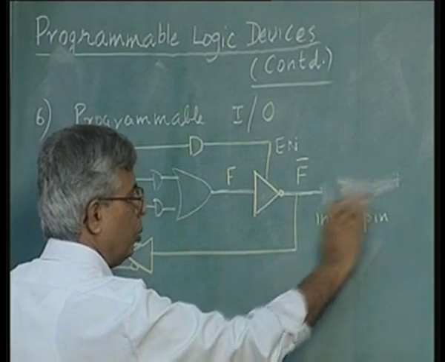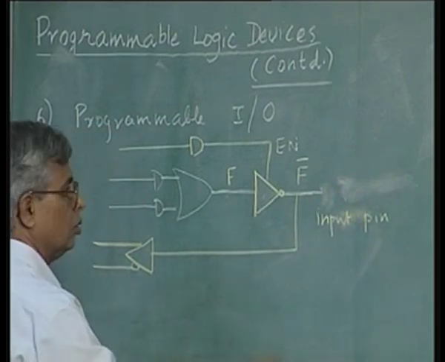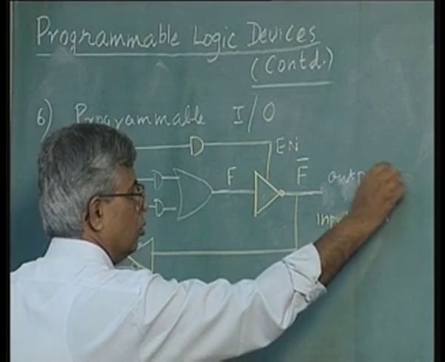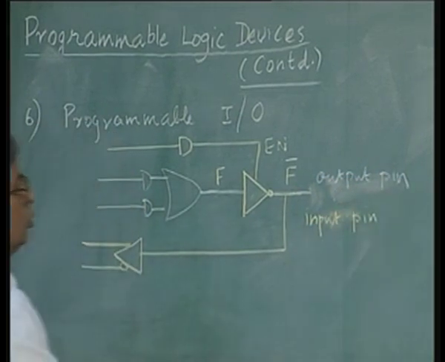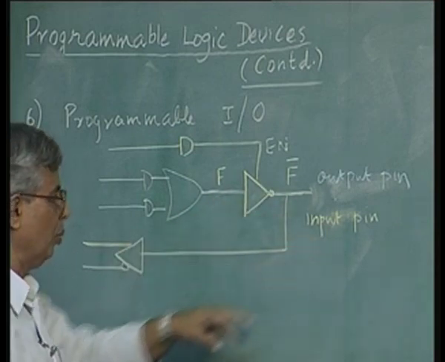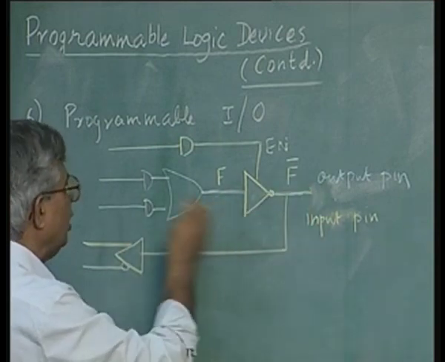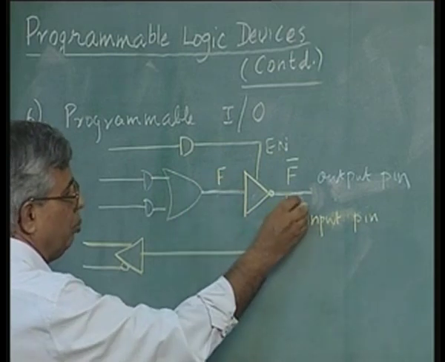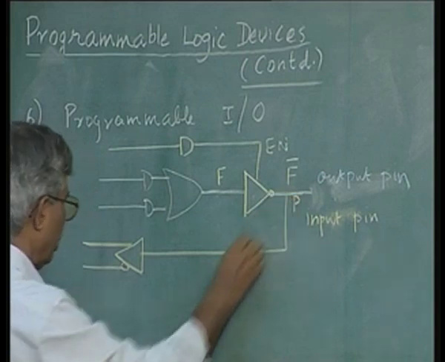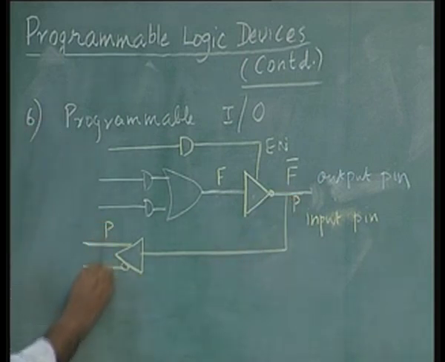Earlier it was an output pin, and if you disable this gate, it becomes an input pin, and I can give a totally different function. If it is f, I can maybe give another function, let us say p. So, this p becomes an input to the device, or your AND gate array, as p and p bar.